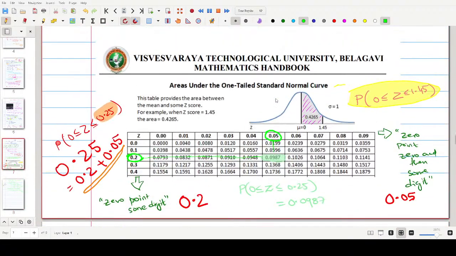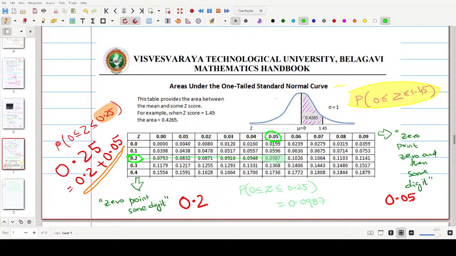So this is how we are doing it, right? We are looking at 0.25. We separate the digits in such a way, partition the number into 0.2 plus 0.05. So 0.2 is a number which looks like 0 point some digit, right? And 0.05 looks like a number in the form of 0.0 and then some digit, correct?